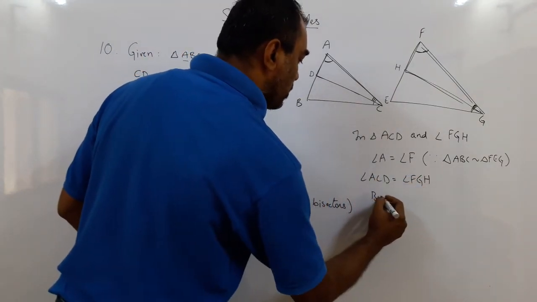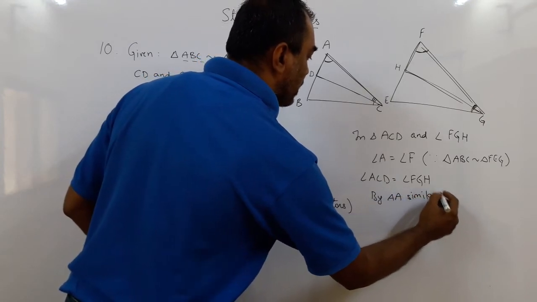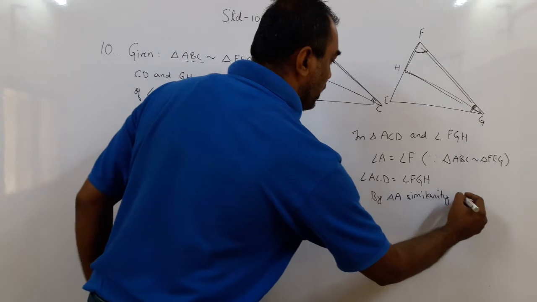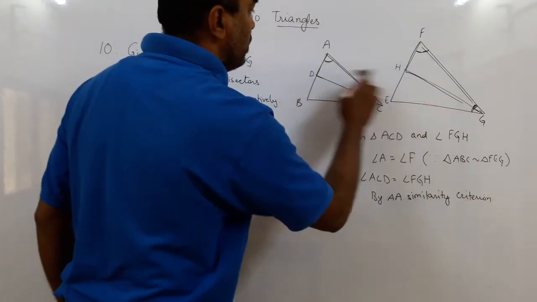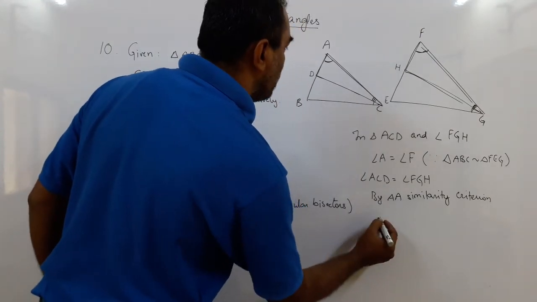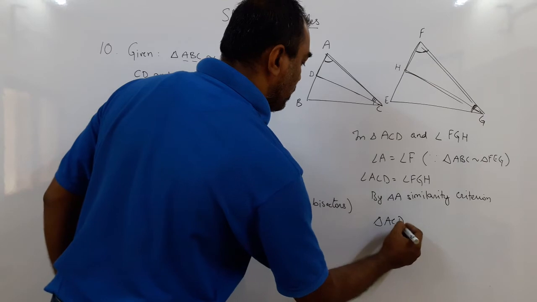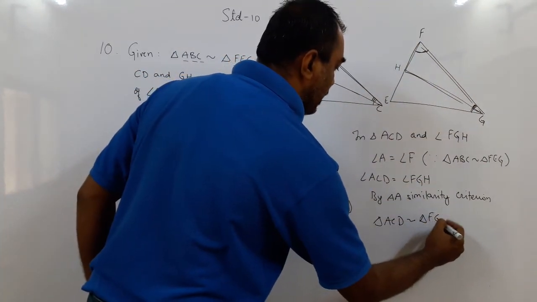So by the AA similarity criterion, triangle ACD is similar to triangle FGH.